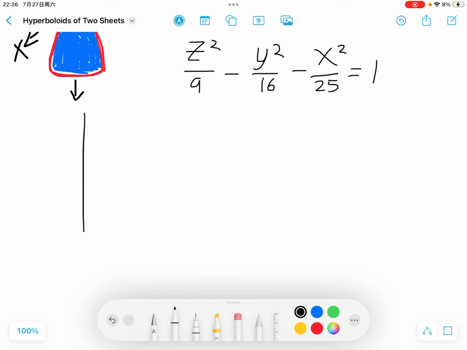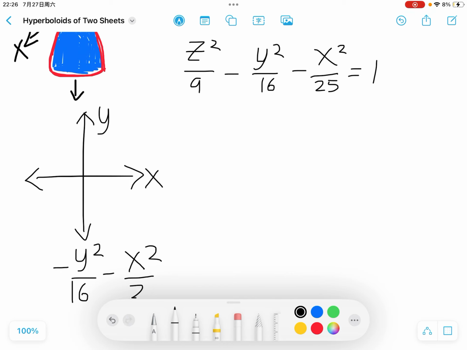There are 3 traces, really convenient to graph different points of view of a 3D graph. So we have the xy trace. Let's graph that first. For an xy trace, you set z equal to 0, right? So you have negative y squared over 16 minus x squared over 25 equals 1.